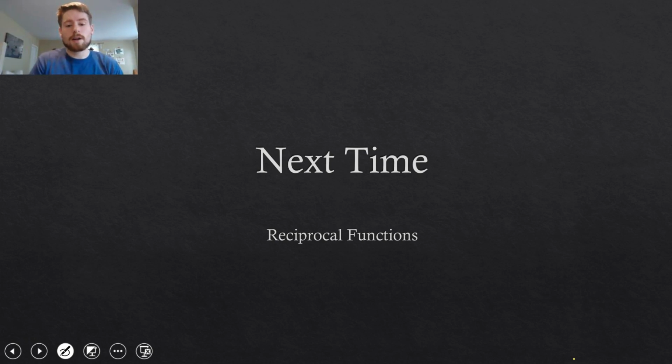We're going to talk about reciprocal functions, functions you've heard of, like secant and cosecant and cotangent, or you may or may not have heard of these. They were probably defined in the context of a right triangle, and we're just going to expand the definitions and look at them for general angles instead. So next time we'll be talking about reciprocal functions. And with that, I'll see you guys later.